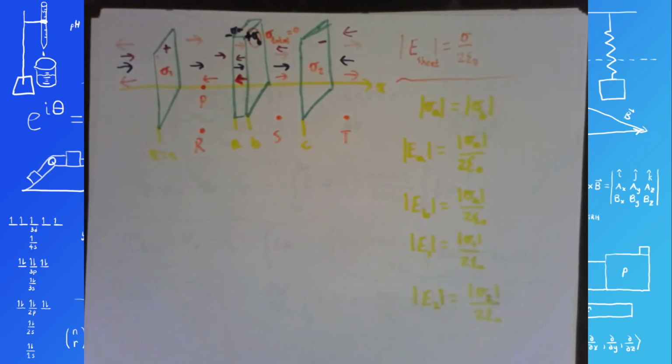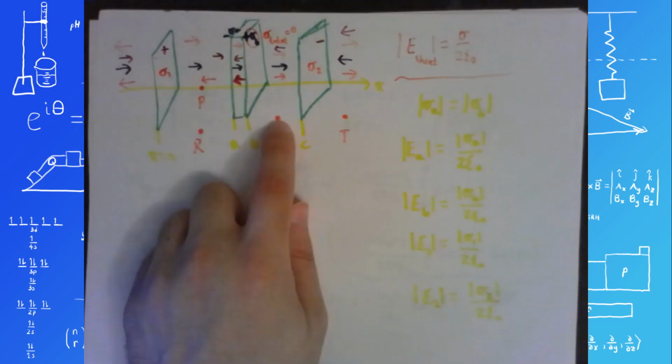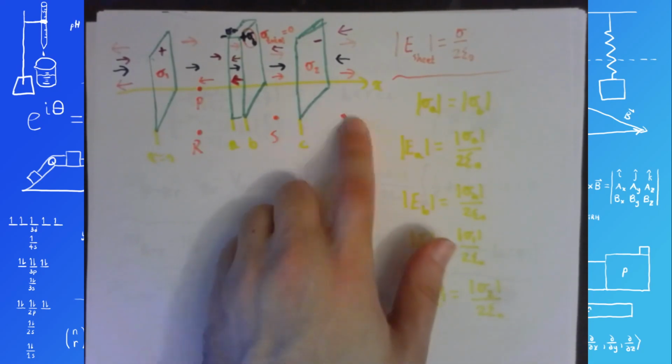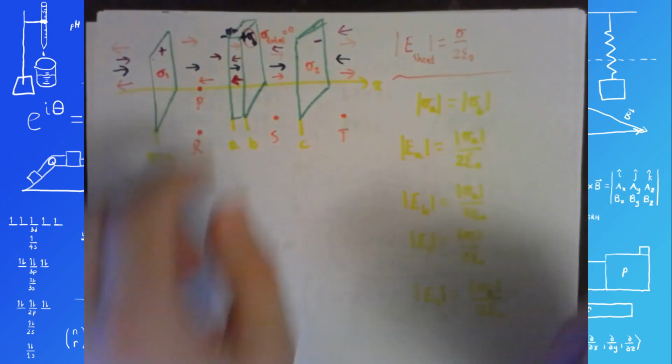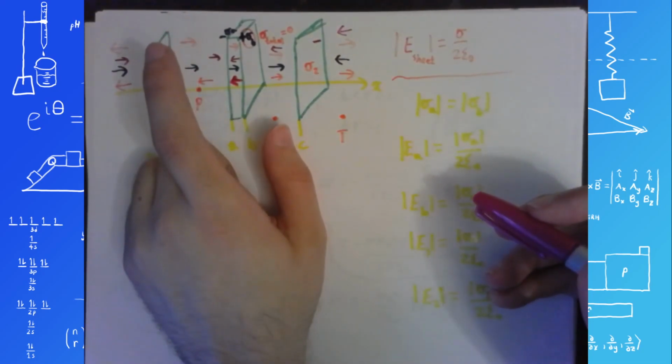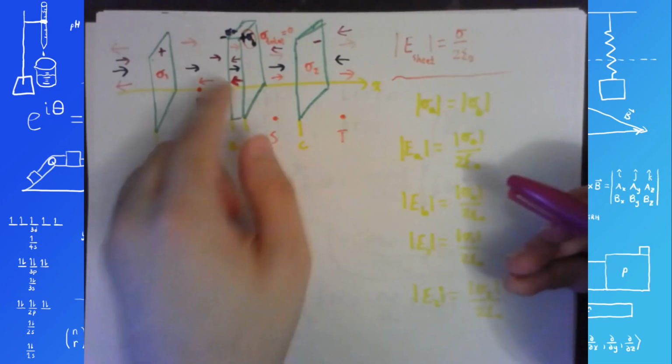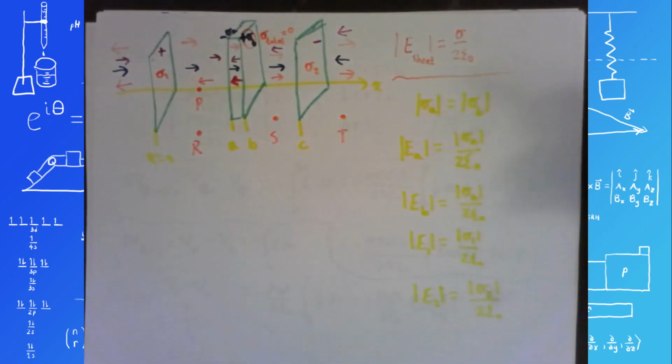Okay, now to express the total electric field in each of these regions, and actually I only need to find it in this region and this region, and I guess this region if we want to ask about the potential at T. And I guess in this region because I want to show how these are related to each other. Maybe we'll do all of them after all.